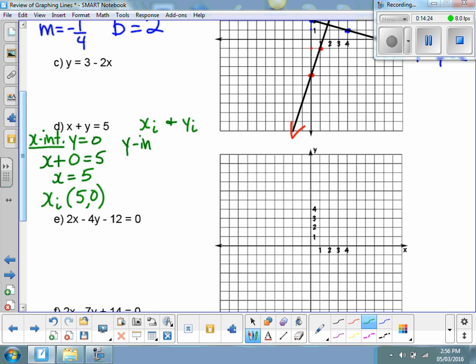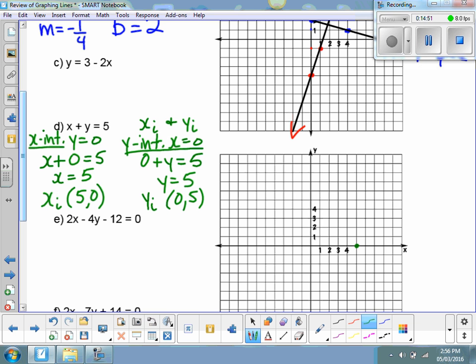If I do the y-intercept now, I let x equal 0. So that's going to be 0 plus y equals 5. That one's going to end up being 5 as well. So my y-intercept is 0, 5. So if I'm going to plot these points on this bottom graph, my x-intercept is at 5, 0.